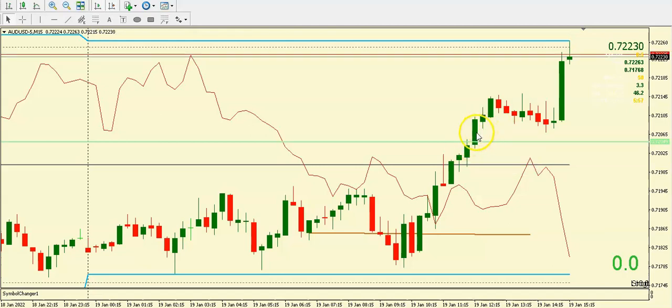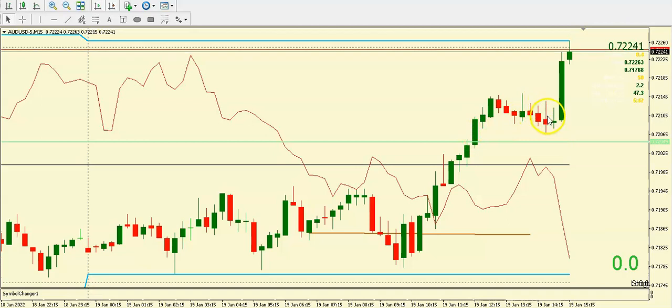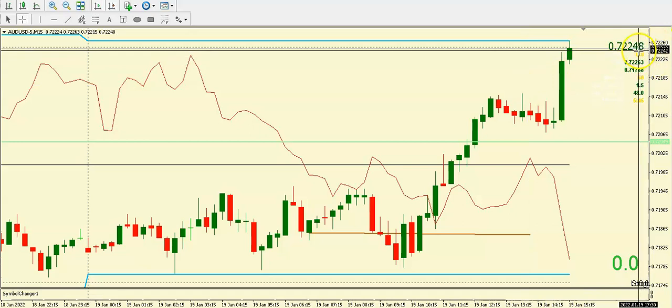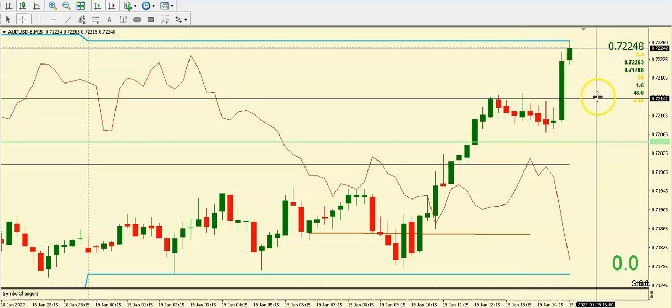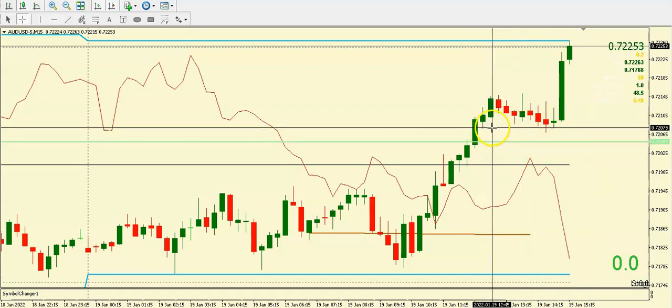We have this fair value gap, and price came right down there. And right before that, because we have a spread right here, average about 0.5, we wouldn't go exactly for this low.